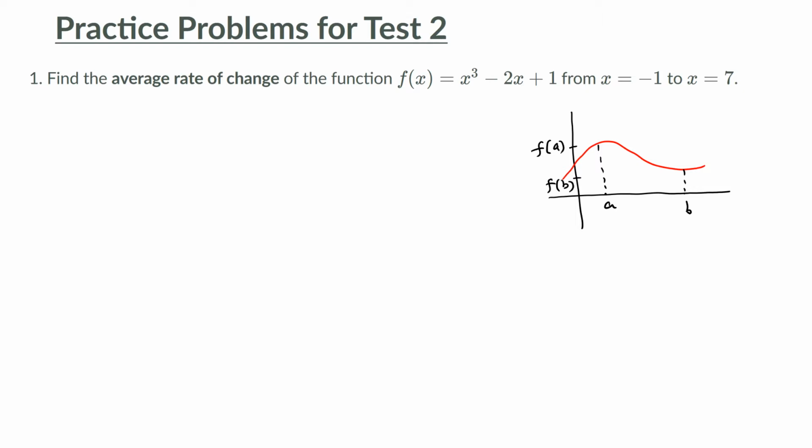And then we know the average rate of the function. We try to look at the change in the y direction, that means the difference between f(a) and f(b), which we normally call delta y, divided by the delta x. So this is what we normally write as the average rate of change.